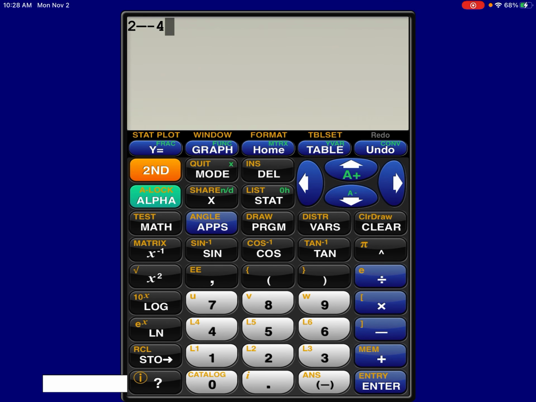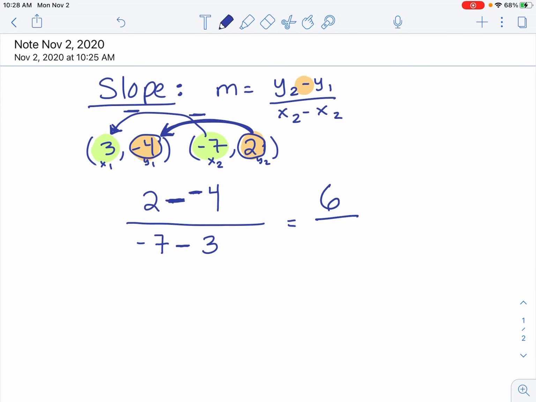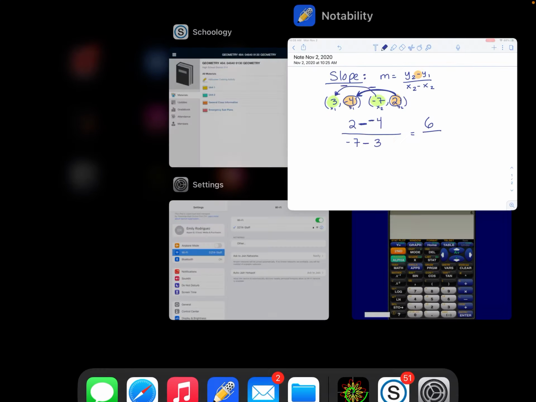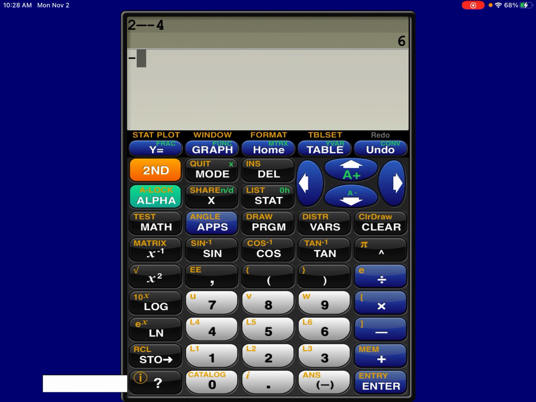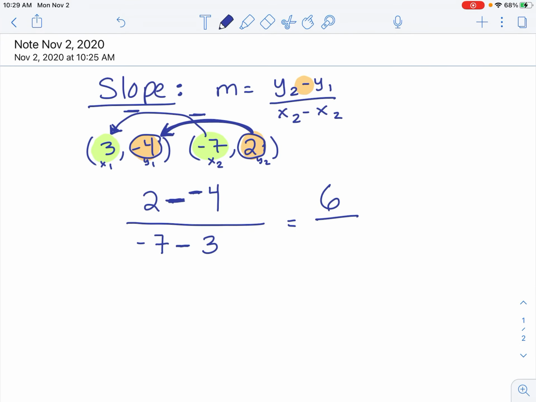Notice how you can see 2, and there's a big minus, and then there's the little negative. So it's minus a negative. Those are different buttons on your calculator. I get 6. Now on the bottom I do the same thing, -7 minus 3. So that's the little negative, and then the big minus, and that gives me -10.